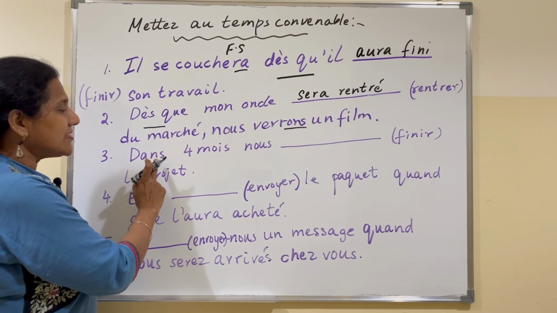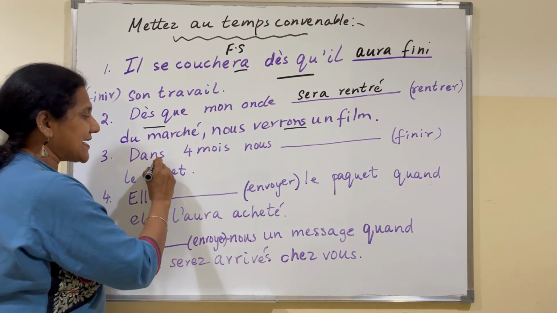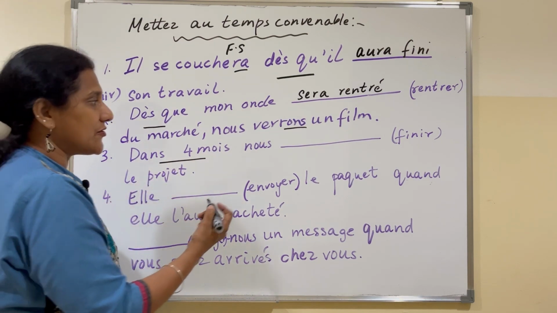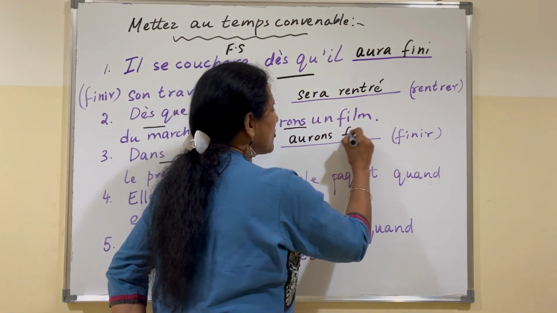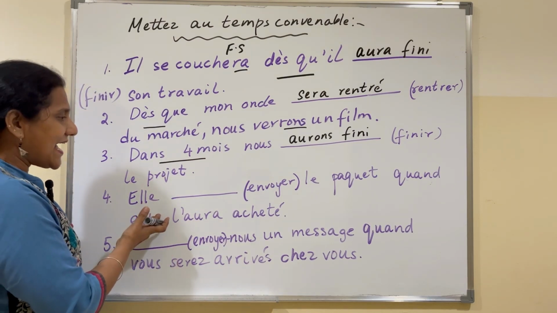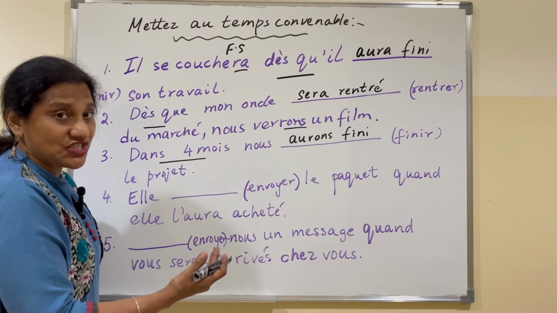Now here we've got dans 4 mois, in 4 months. It's telling me this is my indicator which tells me this has to be futur antérieur. Nous aurons fini. We would have finished our project. Elle envoyait le paquet quand elle l'aura acheté.